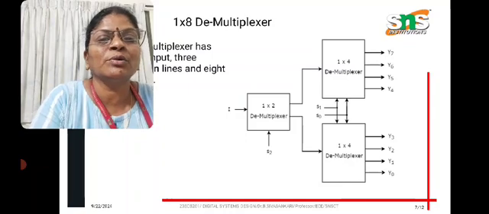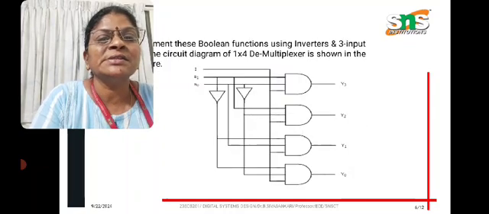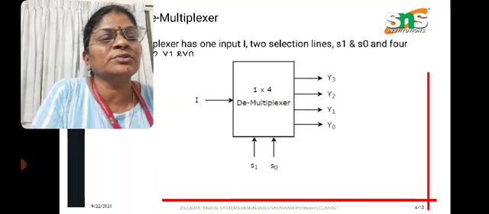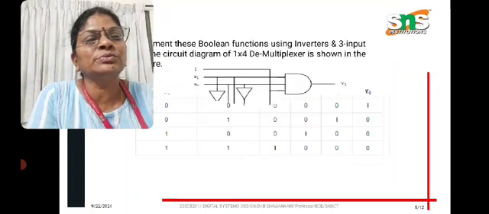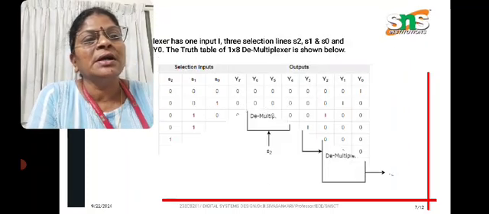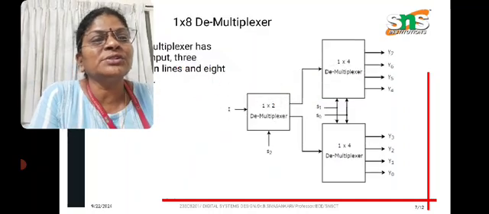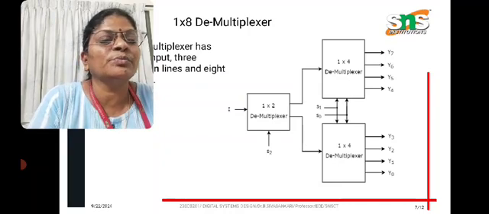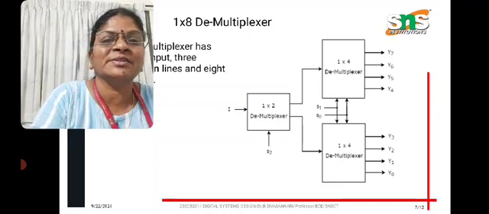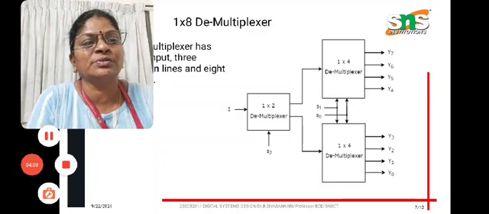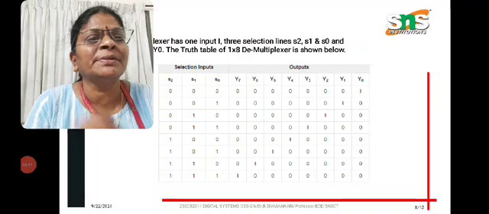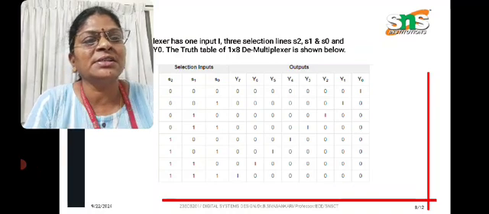In this block diagram you can see one single 1 cross 2 and two 1 cross 4s, so that you have 3 selection lines and we get 8 outputs, y0 to y7. In the same way, this is the truth table where we get diagonal outputs.